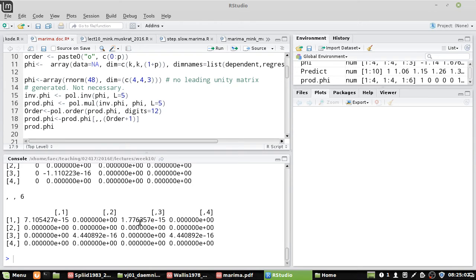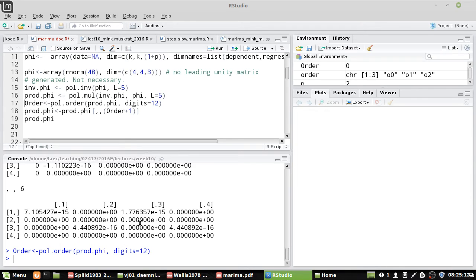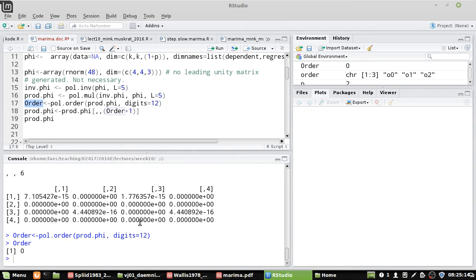The rest here is pretty much just to look at the effective order of this polynomial when I only keep track of numbers that are greater than 10 to the minus 12. And then it's a zero-order polynomial, as in it's just the identity matrix.